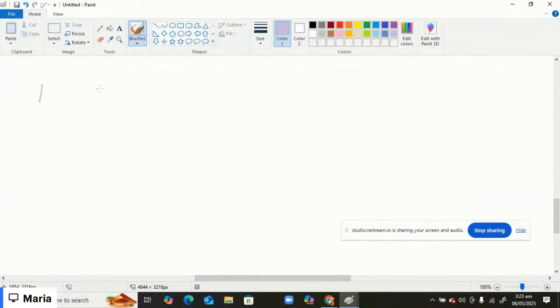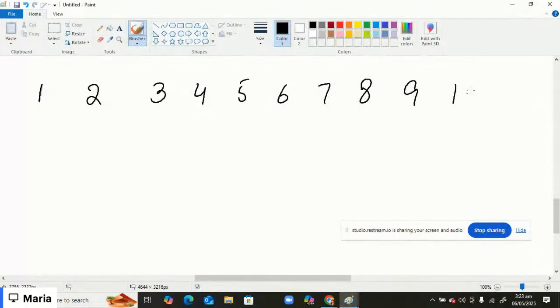Let's suppose I'm going to write it here. It's from 1 to 10. So start from odd, then it's even. Again it's odd, then it's even.